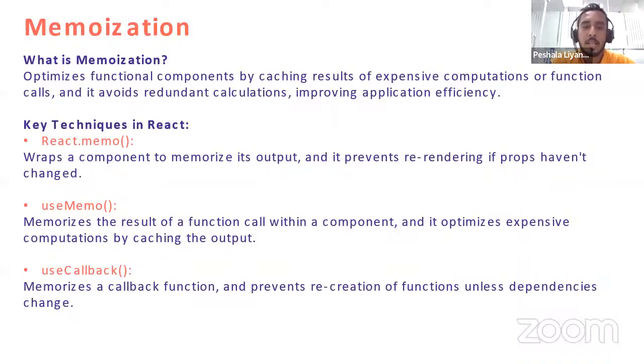It just uses the cache and shows the output. And when it comes to useCallback, it caches the callback functions. When re-rendering happens, it prevents the recreation of that specific function. That's what it does.